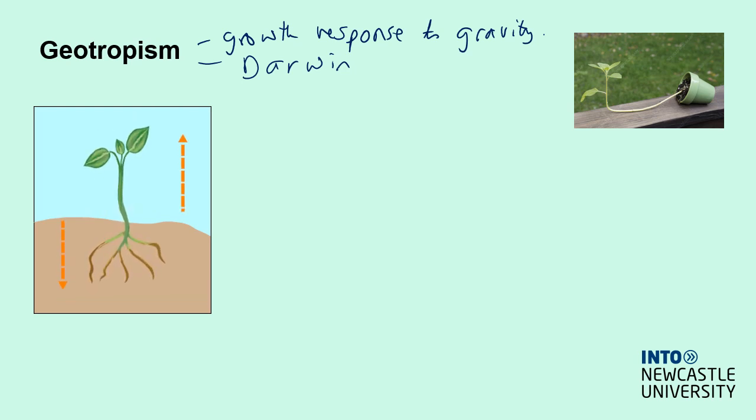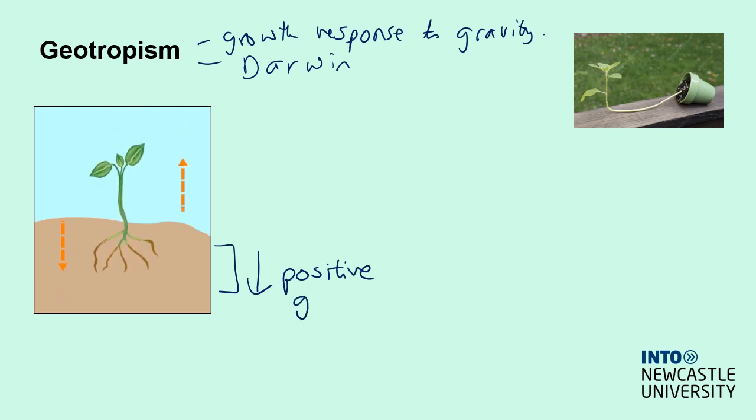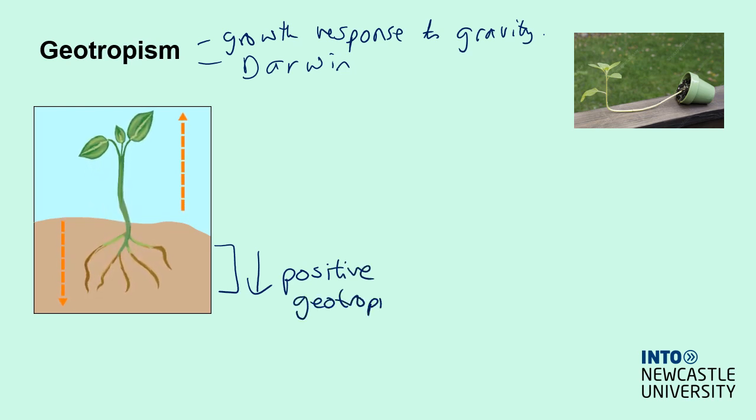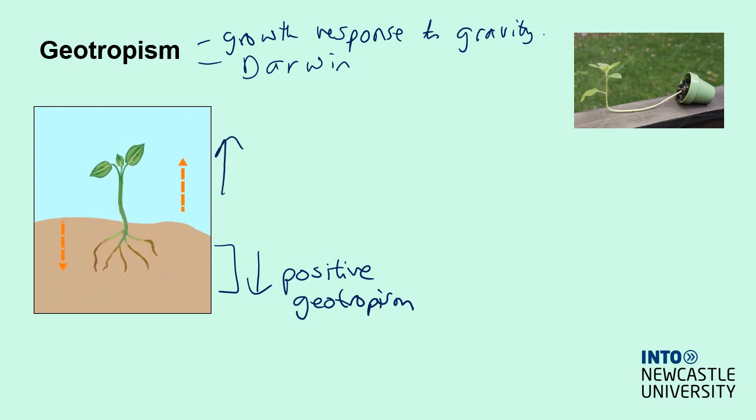And what we have with geotropism is, again, we've got this positive and negative examples. So the roots, when they grow down towards gravity, this is a positive geotropism. And the shoots, when they grow away from gravity, that is classed as a negative geotropism.